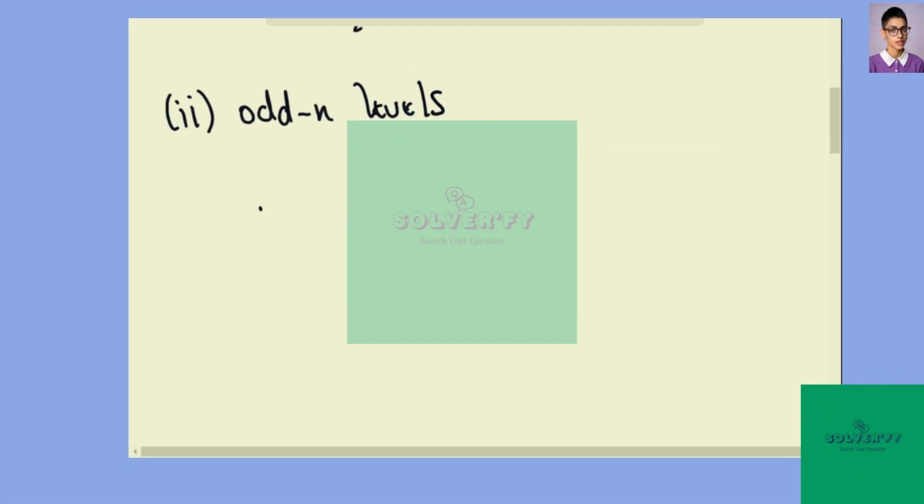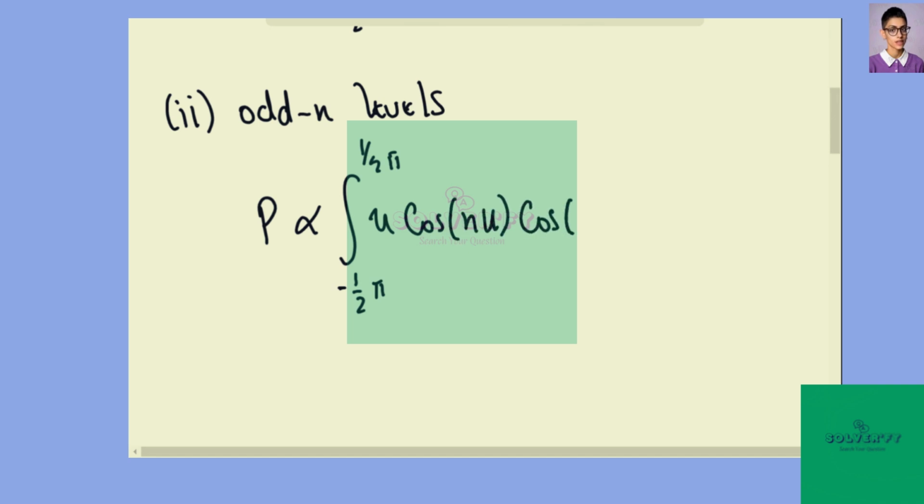And for that, the probability is again proportional, but in this case to the integral of -1 divided by 2 times pi to 1 divided by 2 times pi of u times the cosine of n times u times the cosine of m times u, integrated over u. And this is equal to 0 again, because the integrand in here is odd.